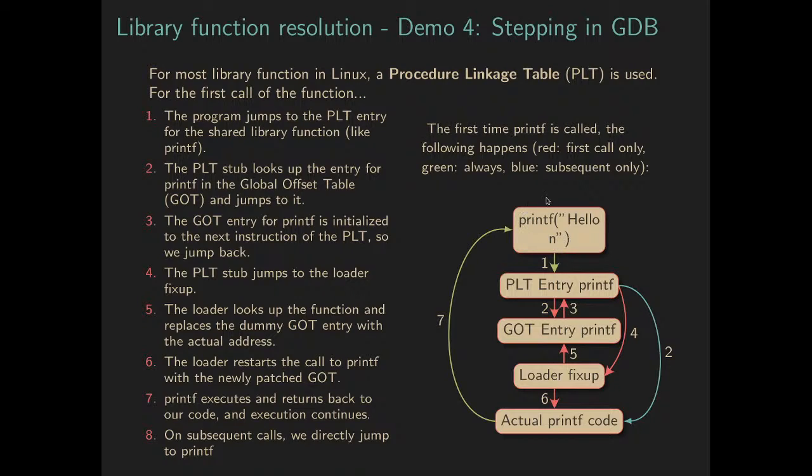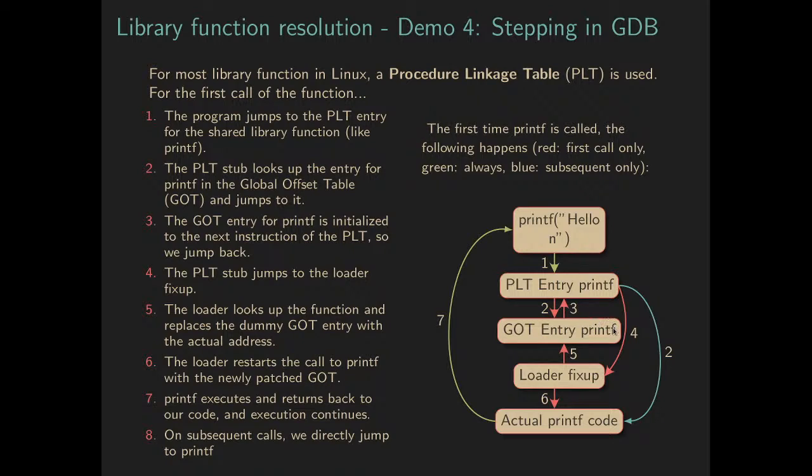So when we call, let's say, the printf function, it will first jump to the PLT entry of printf, which will then indirectly jump to this GOT entry, which is just an address that you use to jump to the function printf.